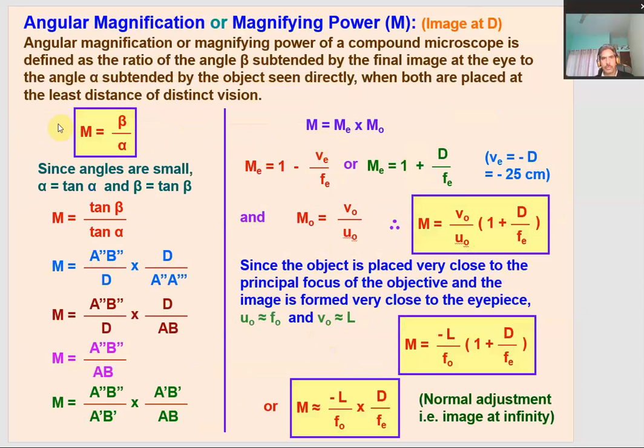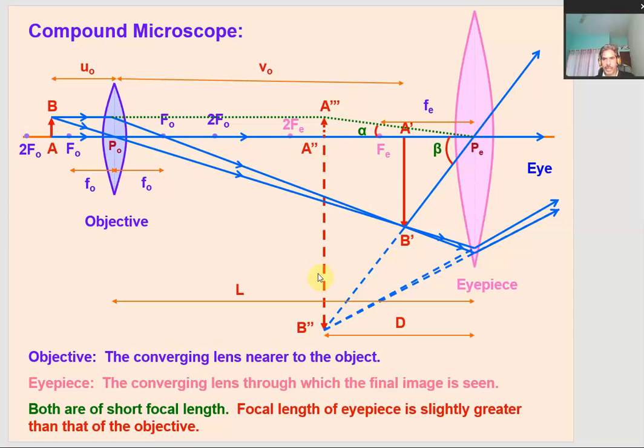Now we can define and calculate the angular magnification or magnifying power in this particular case for the image formed at the least distance of distinct vision. So how do we define it? The angular magnification or magnifying power of a compound microscope is defined as the ratio of the angle beta made by the final image at the eye to the angle made by the object, when both image and object lie at the least distance of distinct vision.